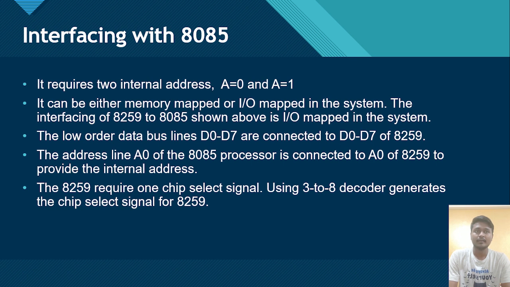The address line A0 of the 8085 processor is connected to the A0 line of the 8259 to provide the internal address. 8259 requires one chip select signal. A 3:8 decoder generates the chip select signal for 8259. So we have seen that the A4, A5, A6 pins of the 8085 are connected to the 3:8 decoder, and then the decoder generates a chip select signal for 8259, which is further connected.